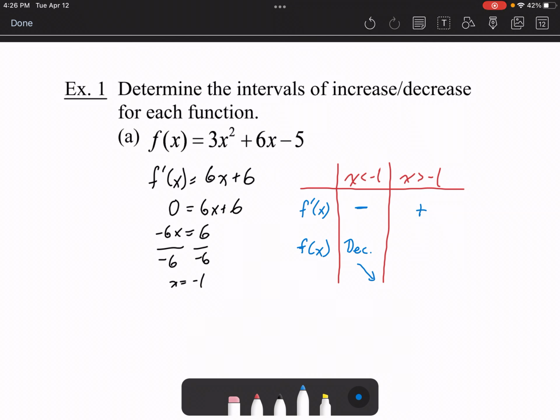If the derivative is positive, like it is on the domain x greater than -1, then we know the function's increasing. So we sometimes use the short form INC or an upwards to the right arrow to show that it's increasing.